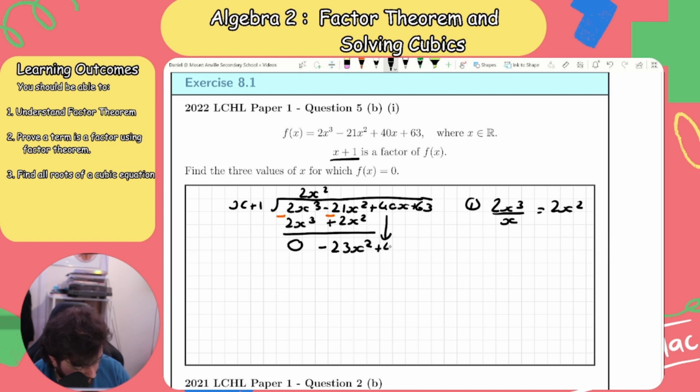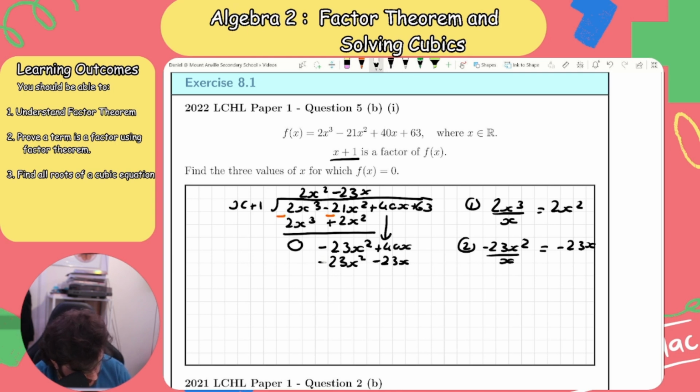Bring down the 40x. Repeat the process. Minus 23x squared divided by x equals minus 23x, I should say. Minus 23x times x is minus 23x squared.